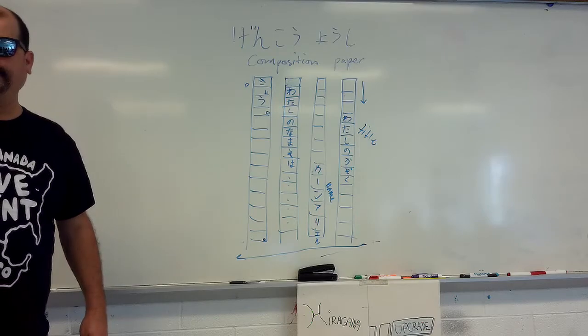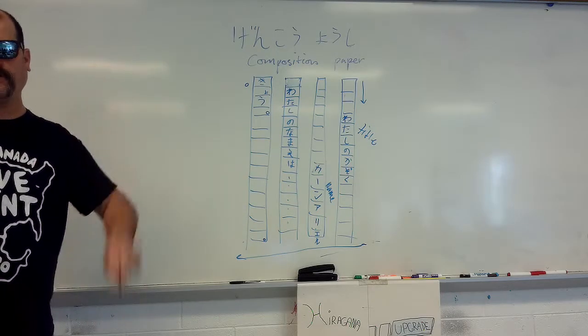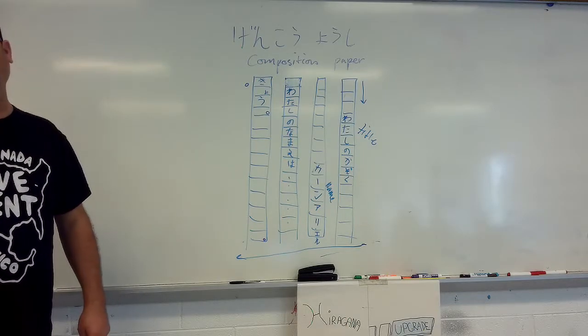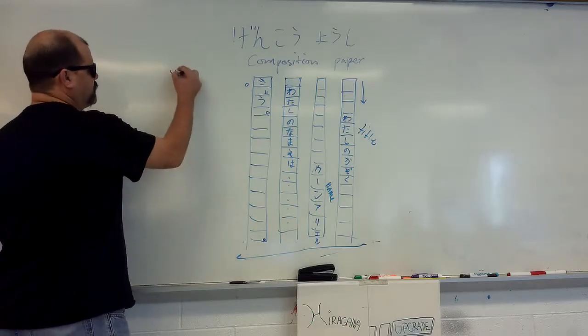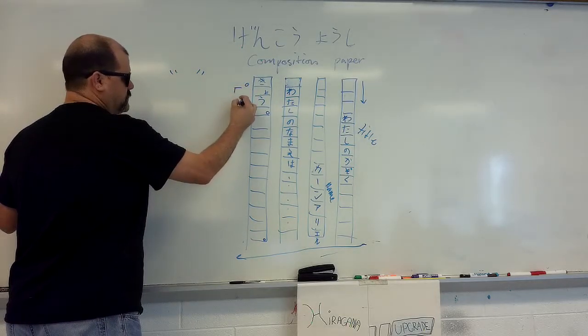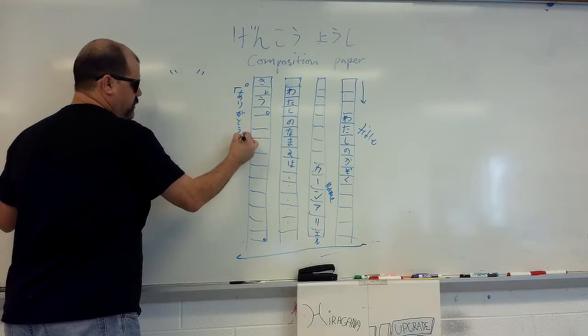Okay, so another Japanese punctuation mark is the quotation mark. You're not going to use this for a couple weeks. I don't think you're going to use it for quite a while. But the quotation mark that we use for them is this. So, arigatou, period.